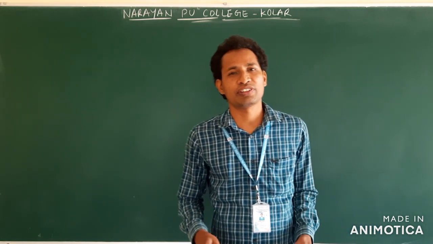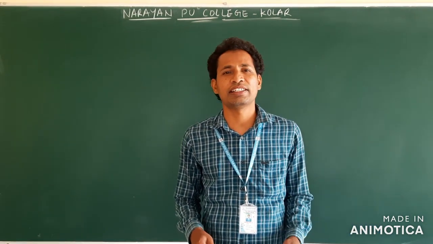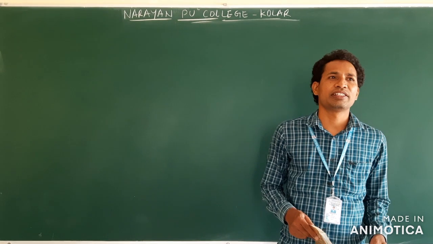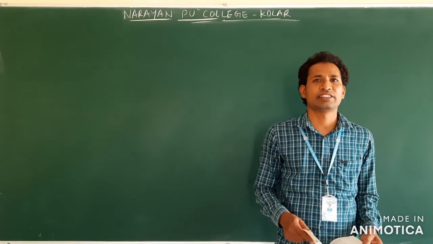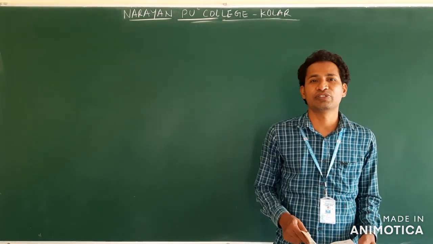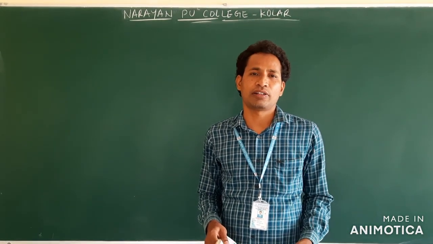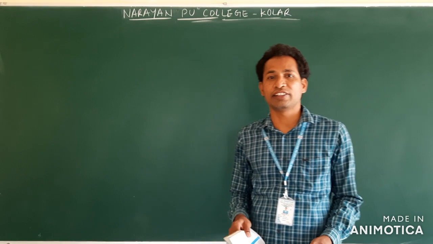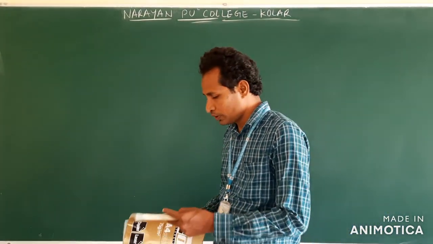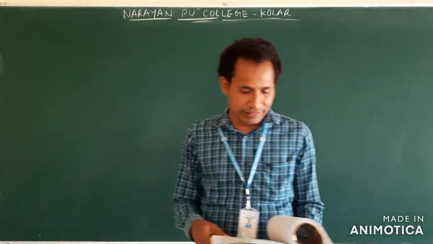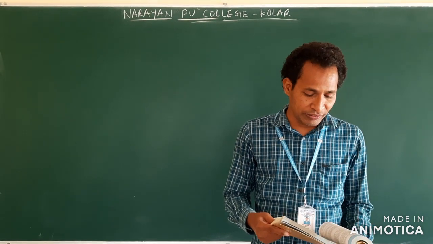Here N is the number of turns, I is the current through the coil, A is the area, B is the magnetic field, and theta is the angle between the area vector and the magnetic field. Clear? Now we will see example problem 11.